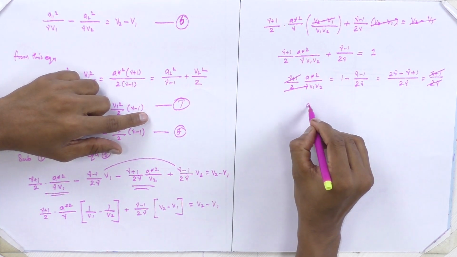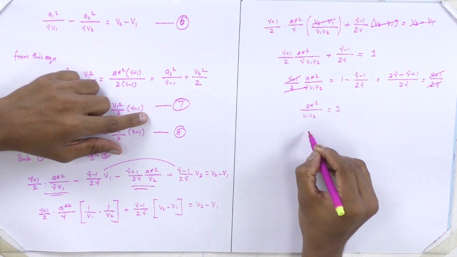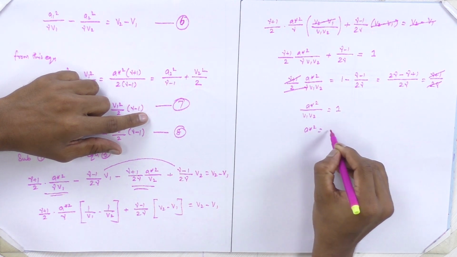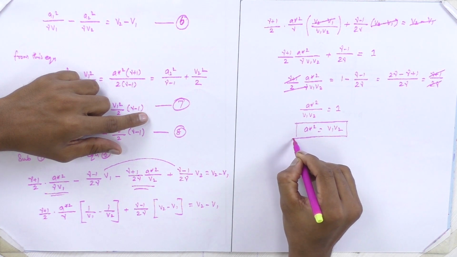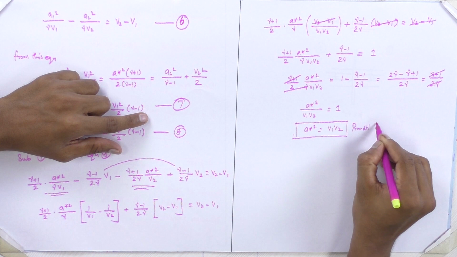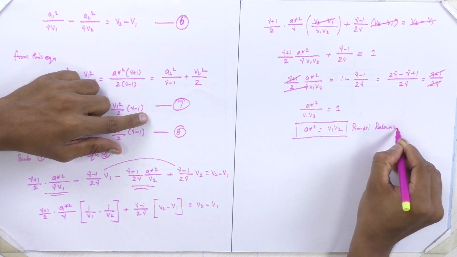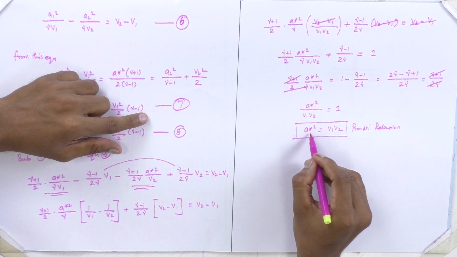So a star square divided by v1 v2 is equal to 1. So a star squared is equal to v1 into v2. This is called the Prandtl relation. Here he related region 1 and region 2 using a star square.